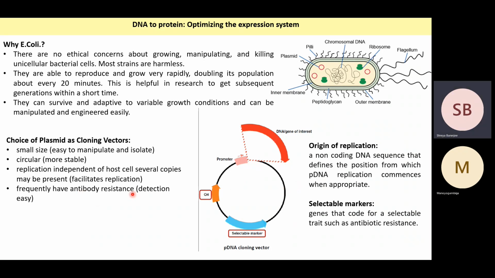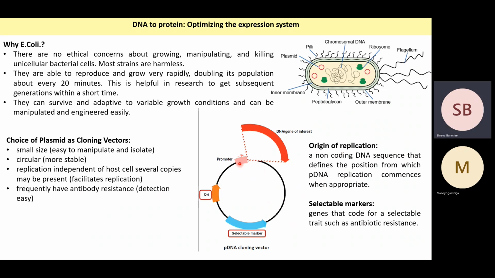And fourthly, plasmids frequently have antibiotic resistance. So when you insert your gene of interest into the plasmid, you can specifically filter out those which have antibiotic resistance, having your gene of interest, from the other plasmids. Things like this antibiotic resistance are called a selective marker, which enables you to identify the plasmid that you want from the rest of the plasmids.